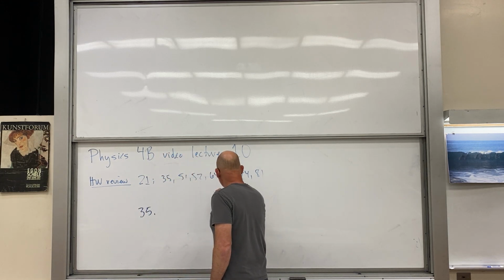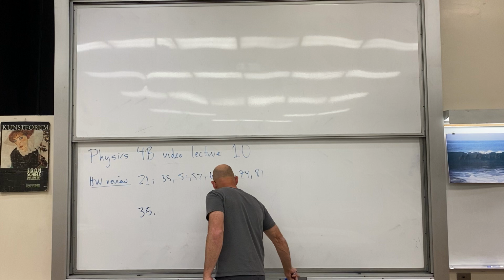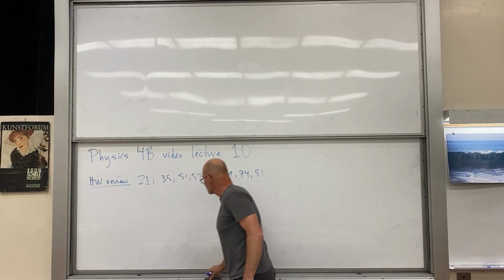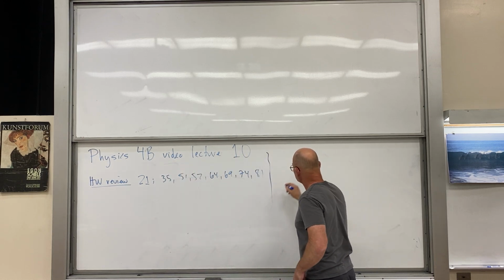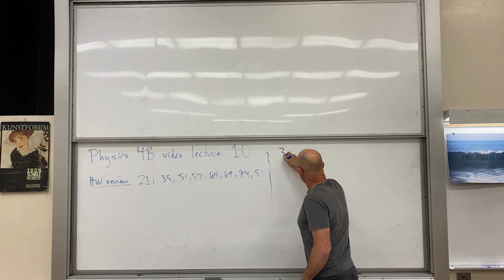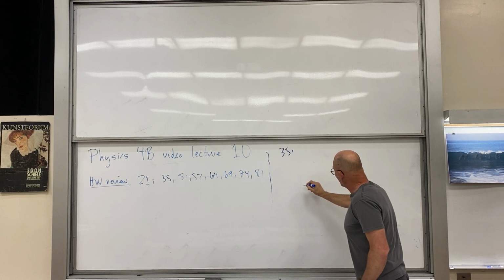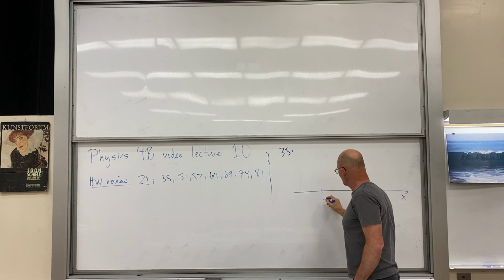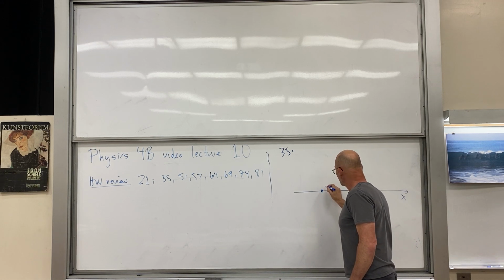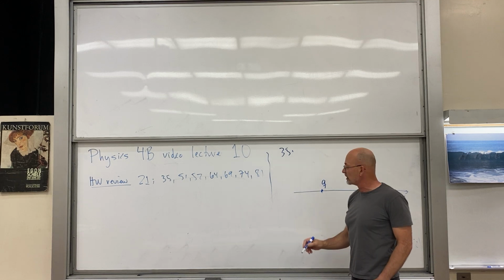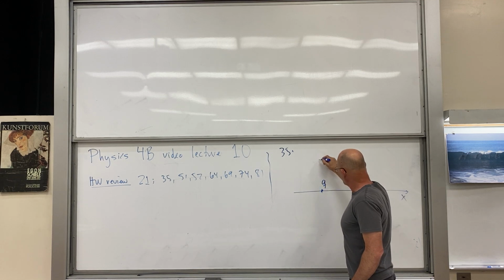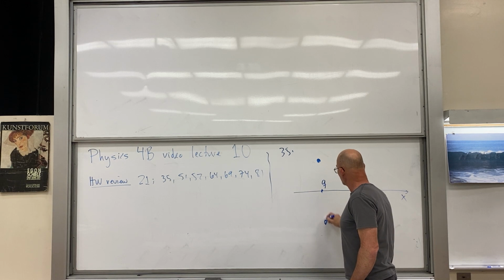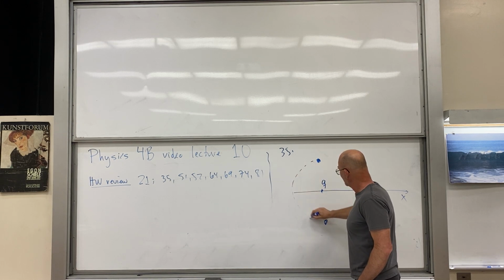So for problem 35, I'll go over here and get a bigger picture. We have this symmetric situation where here's an x-axis, here's an origin with a lowercase q charge, and then along a semicircle, we have these uppercase Q's.